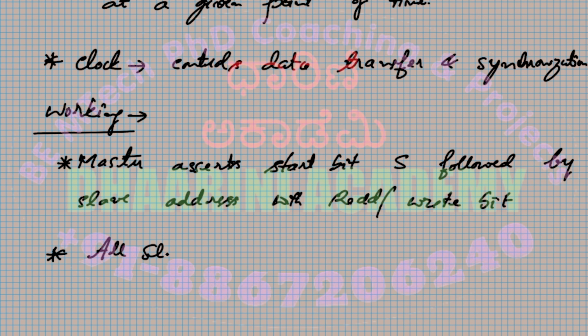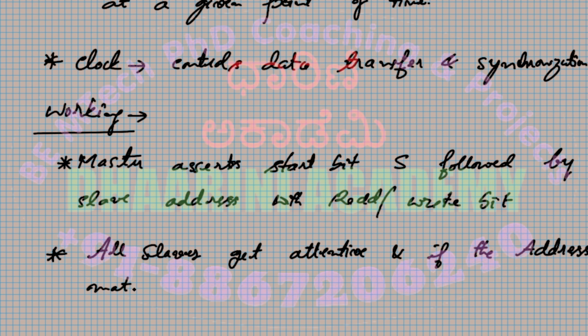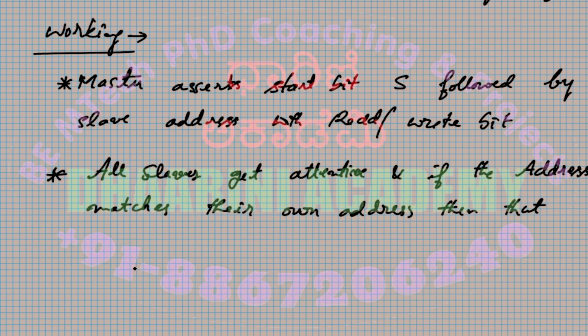All slaves get attentive, and if the address matches their own address, then that slave, only one slave, sends the ACK acknowledgement saying that yes, I am here, right?